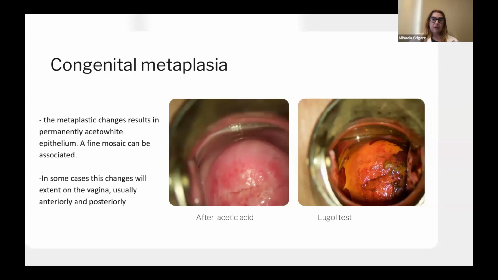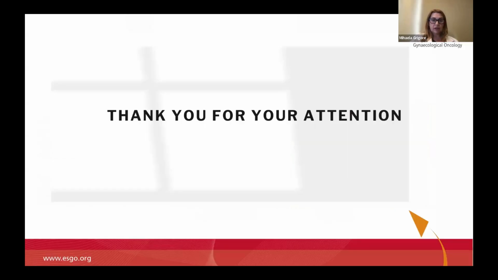Usually this white epithelium with fine mosaic inside extends, as we see here, on the anterior and posterior wall of the vagina. If we are not advised of this situation, we can misinterpret it as an abnormal low-grade lesion, but actually it is a congenital metaplasia, so it is considered a normal image. Thank you very much for your attention.